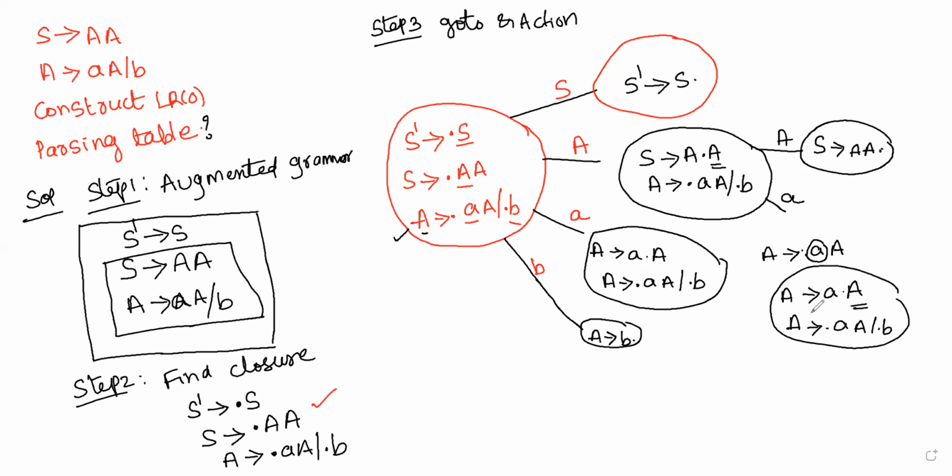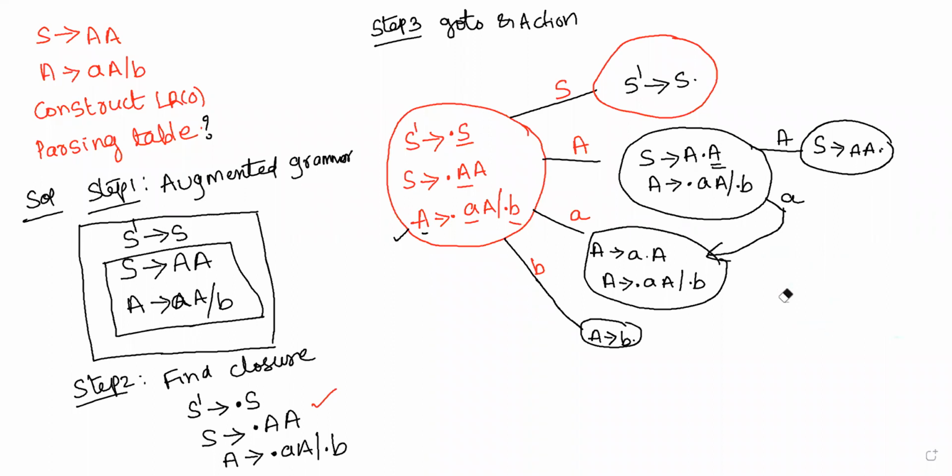So we already have one production, A tends to A dot A, here. I am going to join these two, because the value of A tends to dot AA by dot B is this one. So this is called the A value.